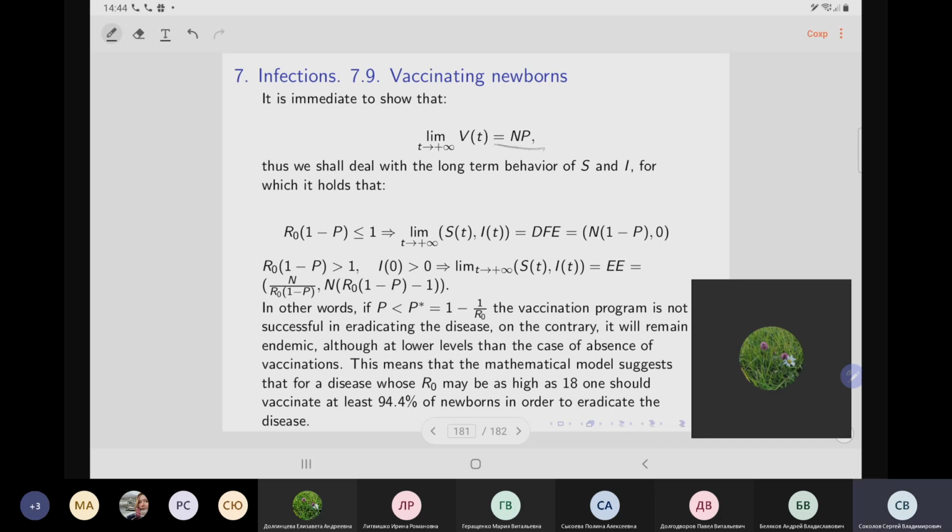And the same, we have the disease-free equilibrium and the endemic equilibrium depending on our R0.